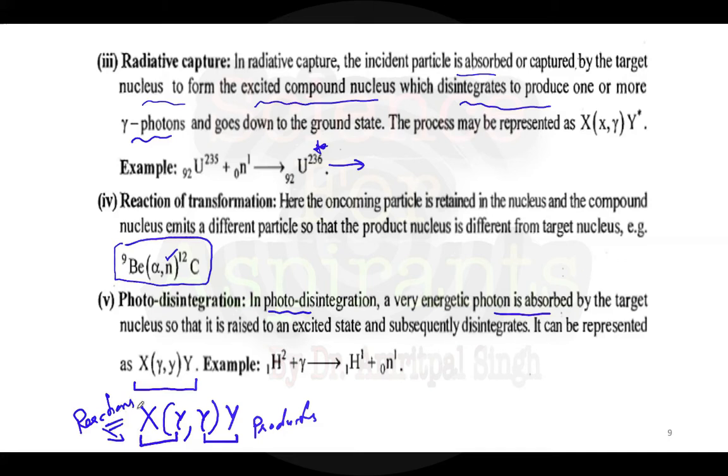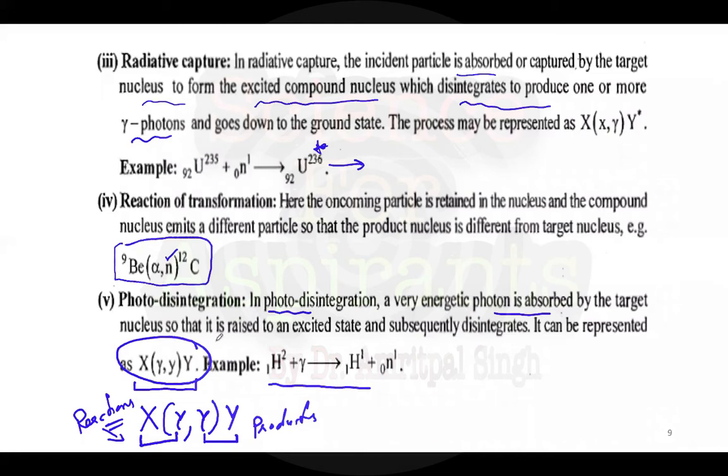Sometimes they do not write the full nuclear reaction equation, they just write it in this symbol form. So you must be familiar with this notation, so that you can read this equation as a full nuclear reaction.